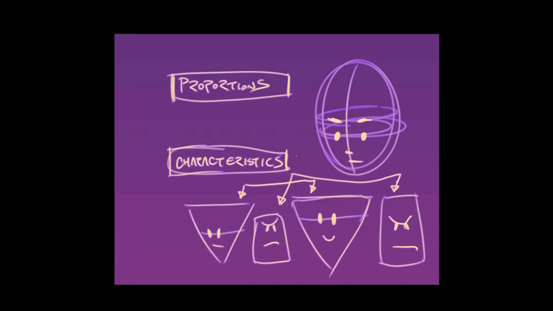And if your characteristics aren't very strong, so like everyone kind of is sort of the same, then you need to pay way more attention to things like the character's proportions. So personally, I like to have a lot of character, and then I try to keep the proportions the same as well. So this leads to pretty recognizable characters that don't look like each other.